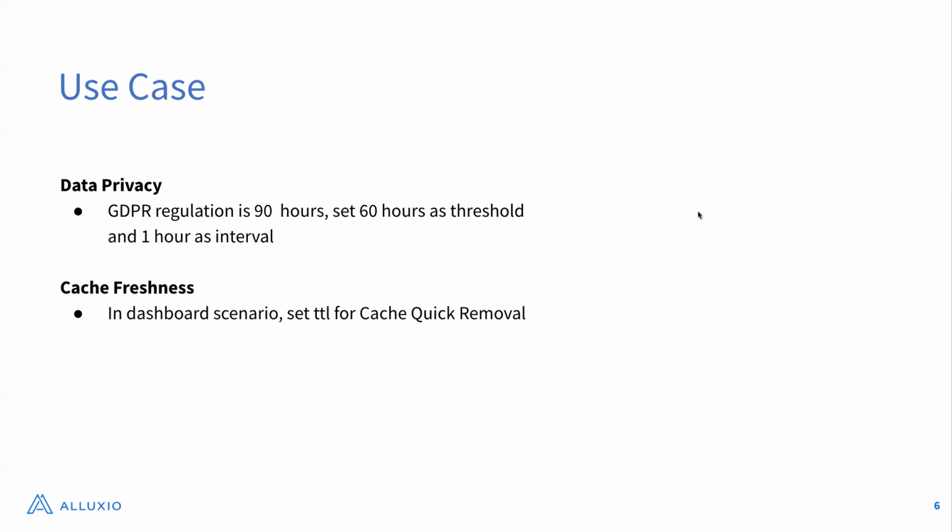Also, one of the big tech companies uses Presto with local cache in a dashboard scenario. They set TTL for cache quick removal purposes. For example, you can imagine that if you have a dashboard for selecting data in the past 3 days, and on Friday, the data for Monday and Tuesday is no longer useful since we only need data from Wednesday to Friday.